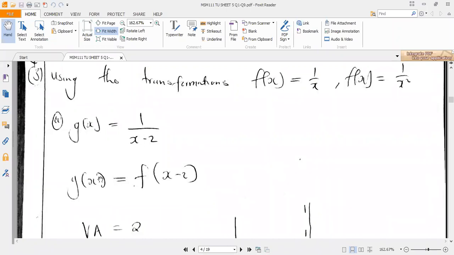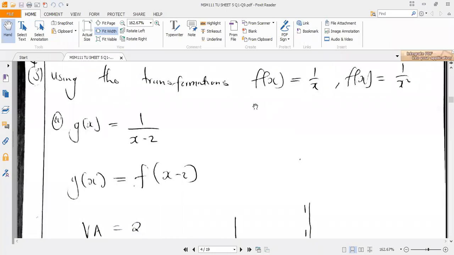Now, you said when you plug it in, g of x is equal to f of x minus 2. Where is the f of x minus 2 coming from? They are saying that we use the transformation, so we're trying to use this fact. No matter what you do in mathematics, you just have to use this fact which is here.